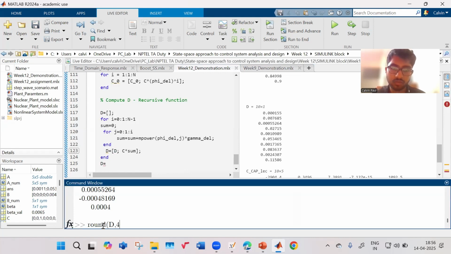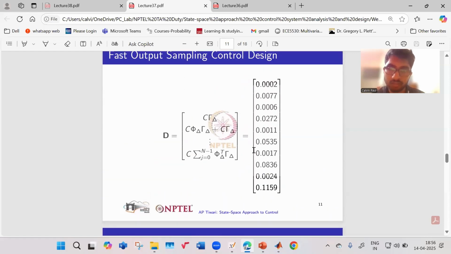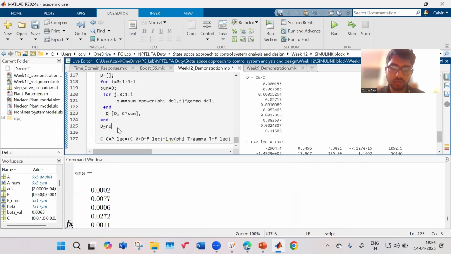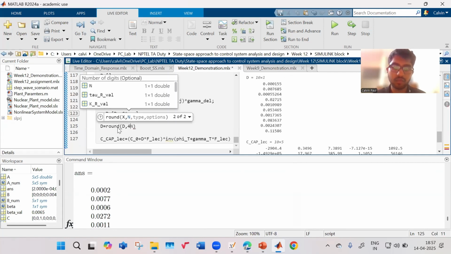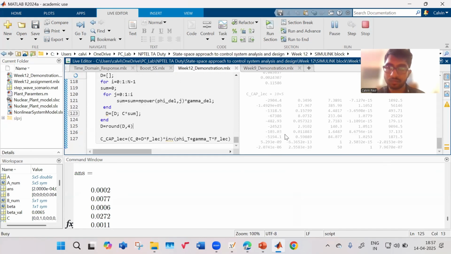What is this also to be? 0.002, 0.0077, 0.006, 0.0272. This is the one. Let us change it. Round off D to 4.